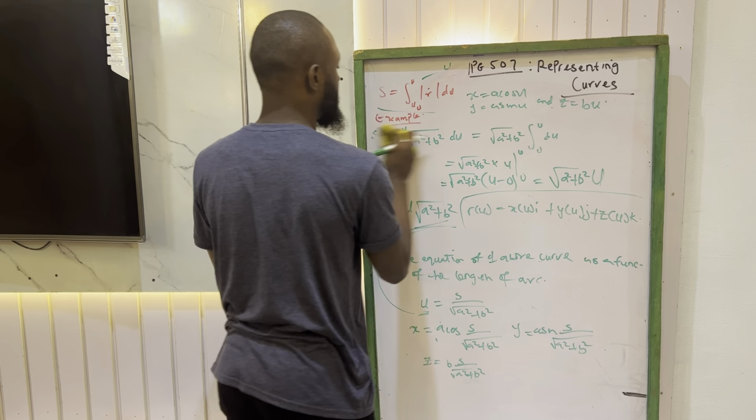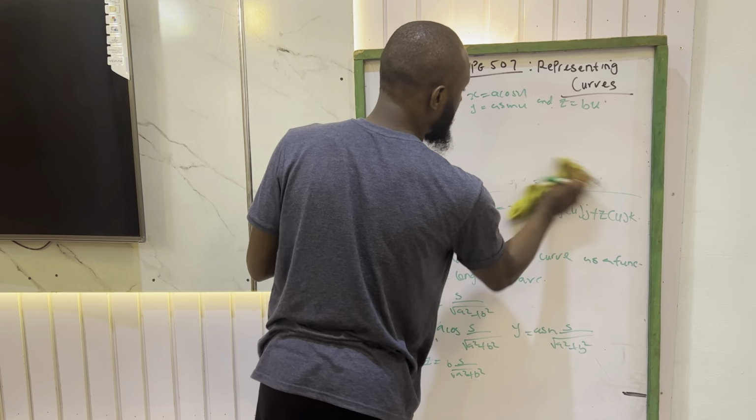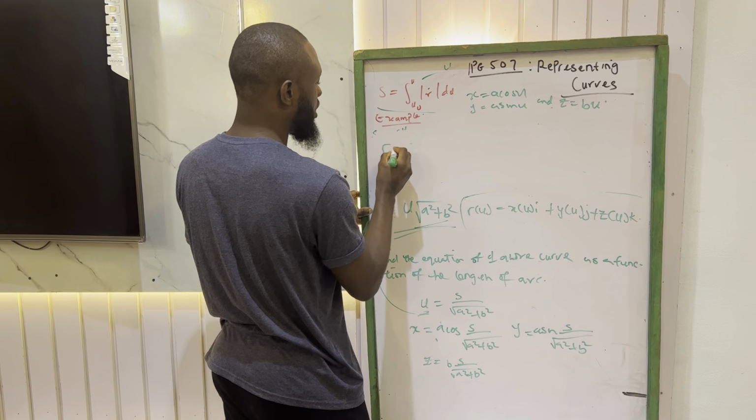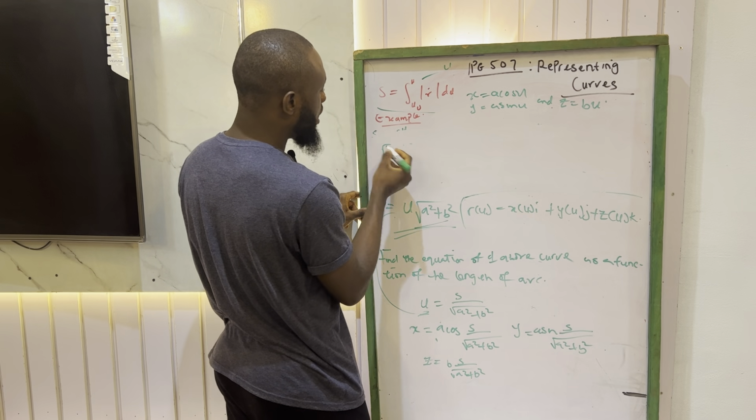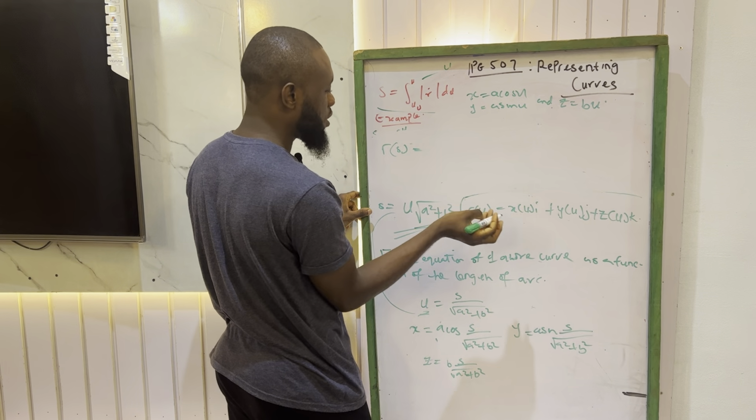Then based on those values, we form our general equation like we've done before. So we have that our r in this case will now be a function of u.